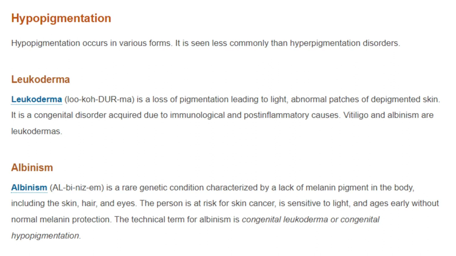Albinism. Albinism is a rare genetic condition characterized by a lack of melanin pigment in the body, including the skin, hair, and eyes. The person is at risk for skin cancer, is sensitive to light, and ages early without normal melanin protection. The technical term for albinism is congenital leukoderma or congenital hypopigmentation.